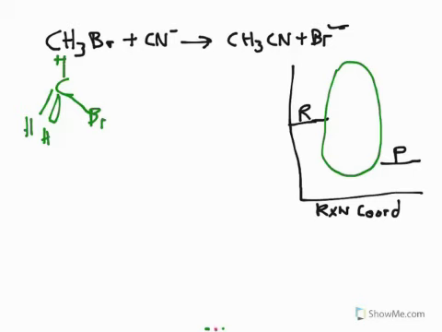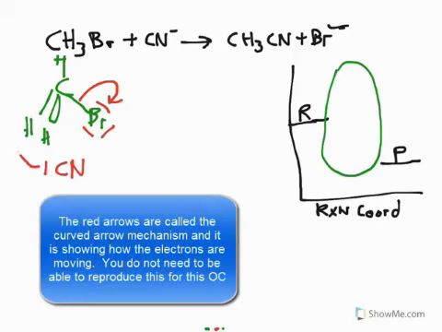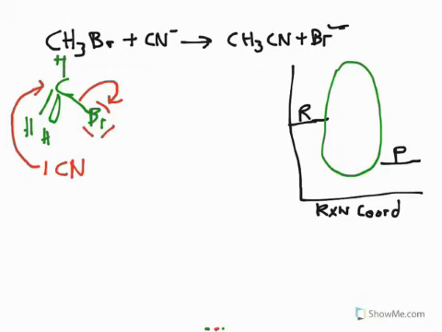The bromine leaves and it takes its electrons with it. You don't have to be able to do this, but I want to explain. And the CN minus is going to come in from behind and attack the carbon. That is one way that these reactions can happen. So that's what's going to happen to get from the reactants to the products.